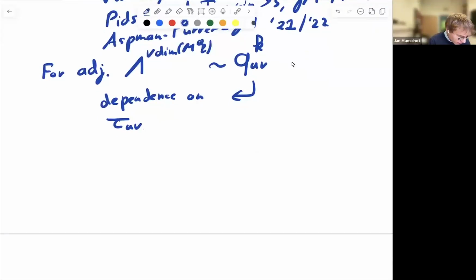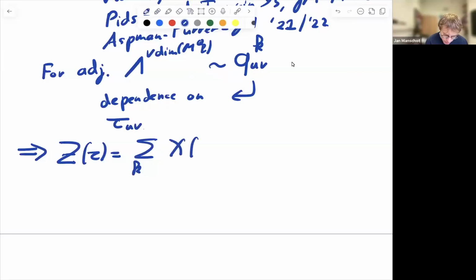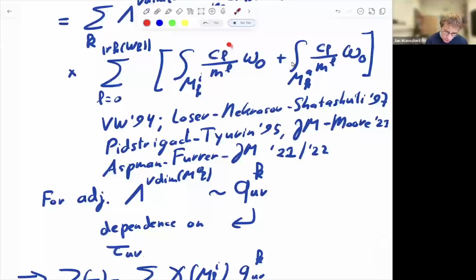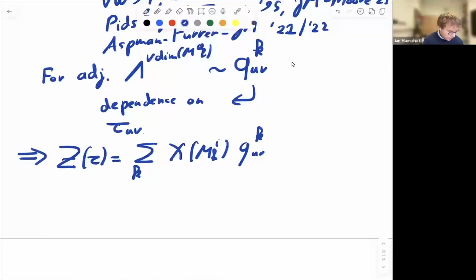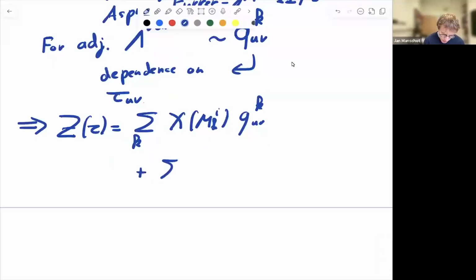So yeah, in this case, for the adjoint representation, the partition function then takes the following form: Z of tau becomes a sum over instanton numbers K times Euler numbers of M_K, q_UV to the K, because these Chern classes now become the Chern class of the tangent bundle of the moduli space. And there's another term which is not quite an Euler number, but I will just denote it with the same notation. But we get numbers, and this is then on the monopole branch.